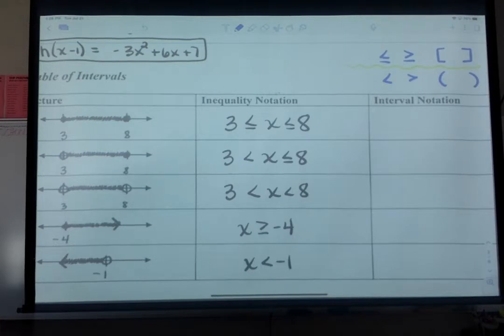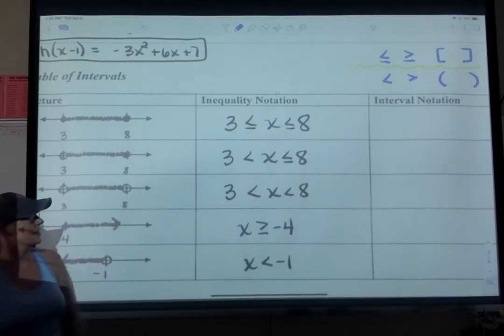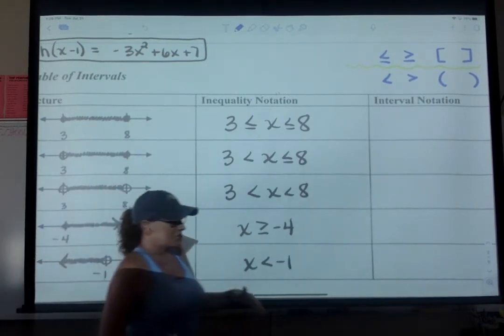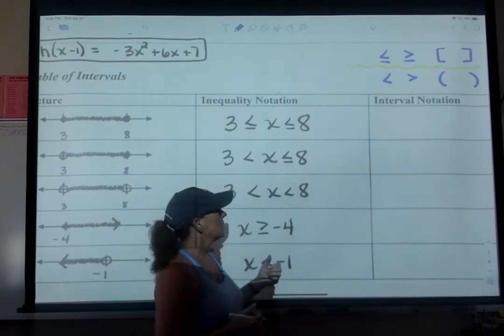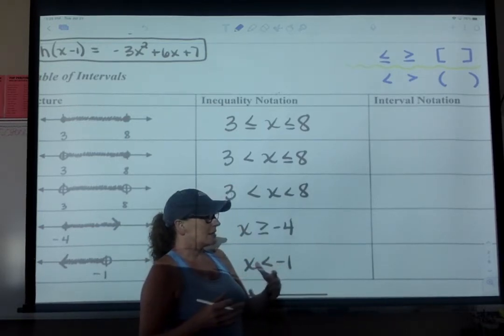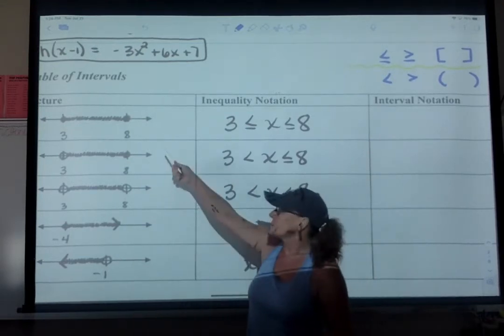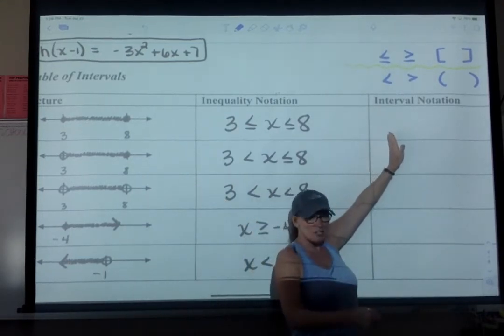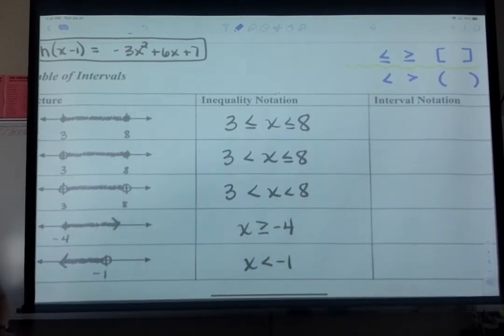Okay, now let me kind of start in interval notation, and I'll explain the brackets and the parentheses as I go. So, interval notation, some of them kind of look like ordered pairs. We're going to write basically two numbers. You're going to give me, where does this shading start and where does it stop? So I look at the picture, I know the shading starts at 3, comma, stops at 8.